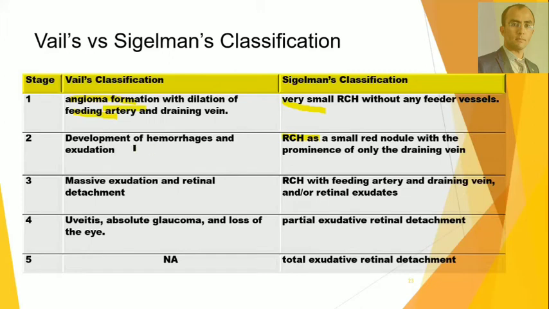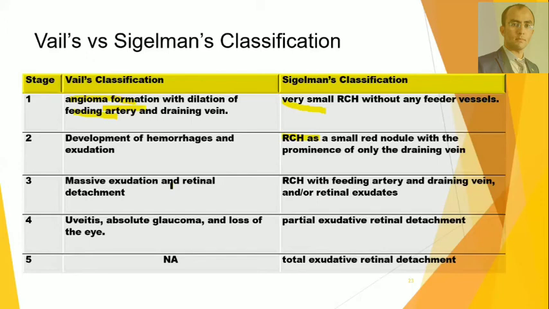Then in stage 2 of the Wells classification, there is the development of hemorrhages and exudation. In the 3rd stage, there will be massive exudation and retinal detachment. The 4th stage is for the end stage complications of the retinal capillary hemangioma. This includes uveitis, absolute glaucoma, and loss of the eye.